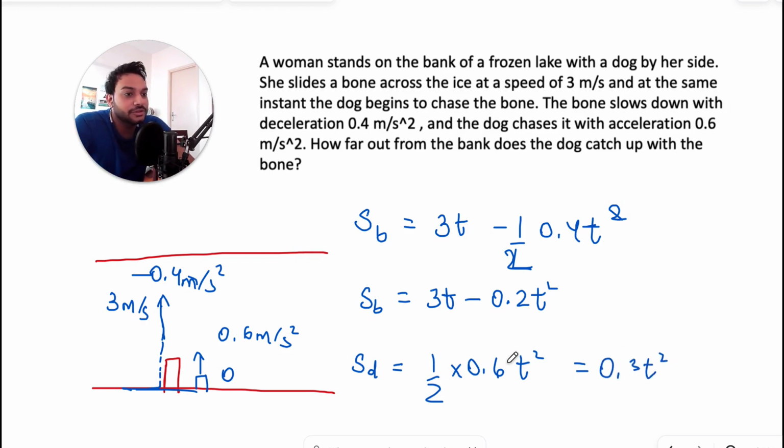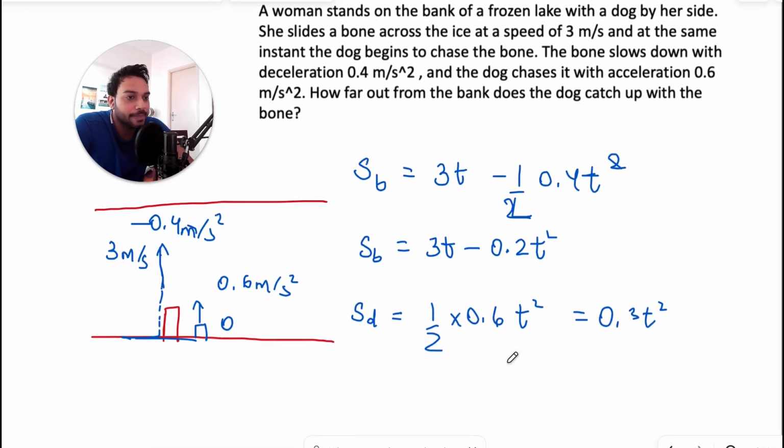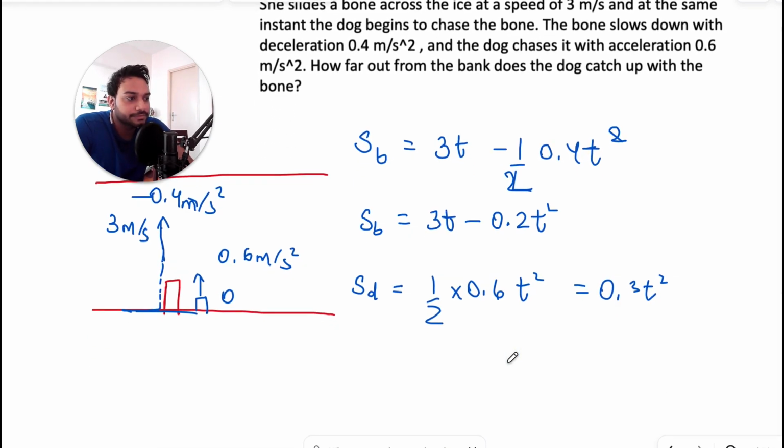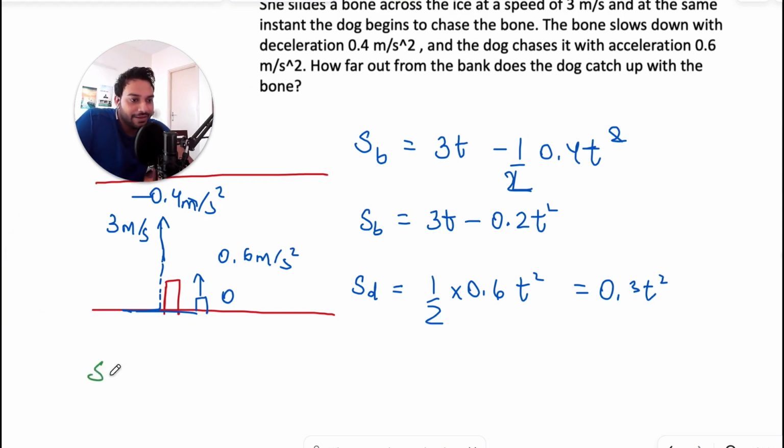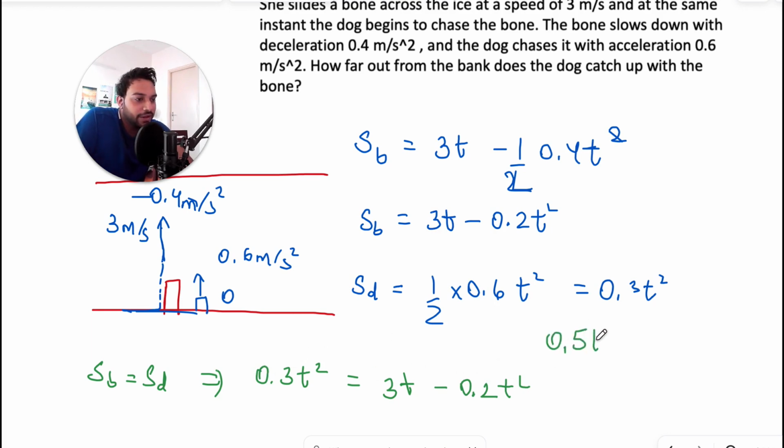Both these displacements must be equal, so let's solve for equality. S_B equals S_D, that is 0.3 t squared is equal to 3t minus 0.2 t squared. The 0.2 t squared goes on this side, so 0.5 t squared is equal to 3t. So t is basically 3 over 0.5, which is 6 seconds.